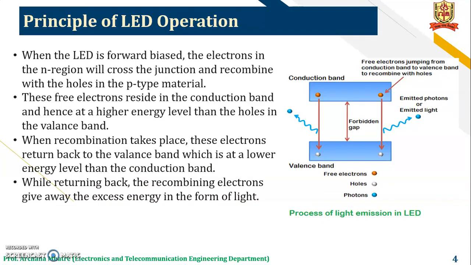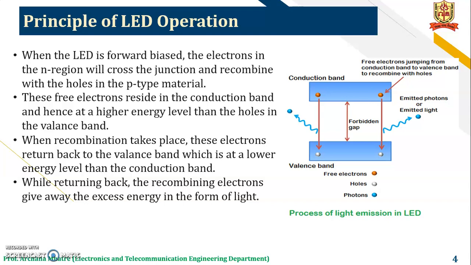Principle of LED operation. When the LED is forward biased, the electrons in the n region will cross the junction and recombine with the holes in the p-type material. These free electrons reside in the conduction band and hence are at a higher energy level than the holes in the valence band.